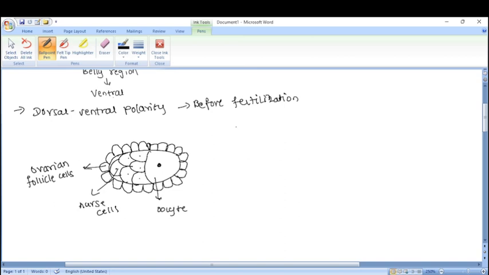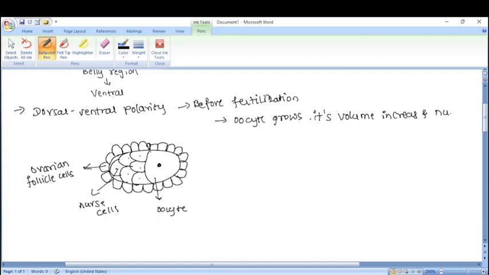As the oocyte grows, its volume increases.